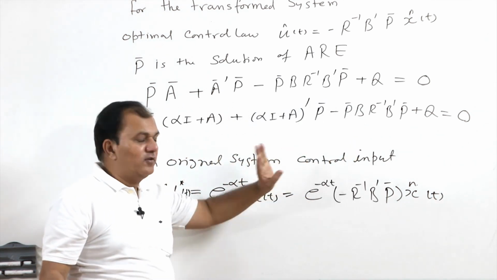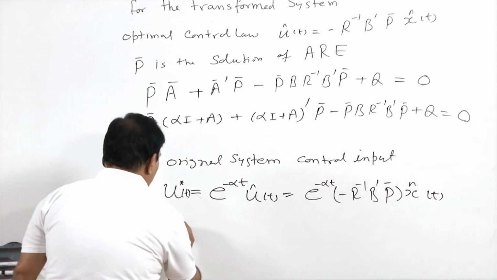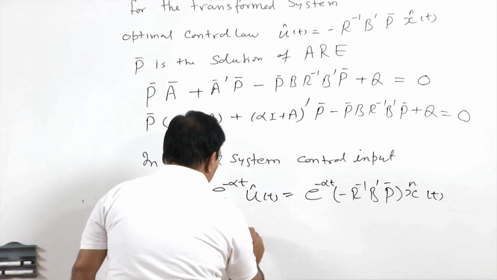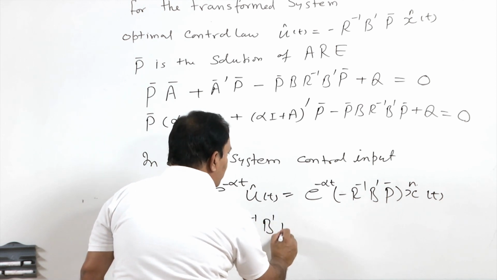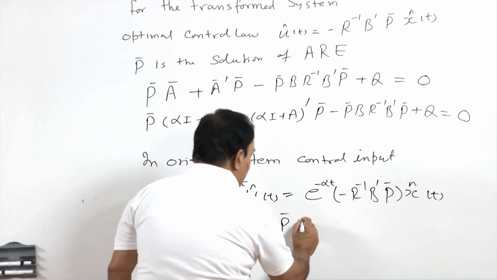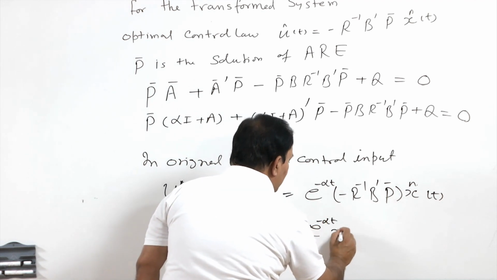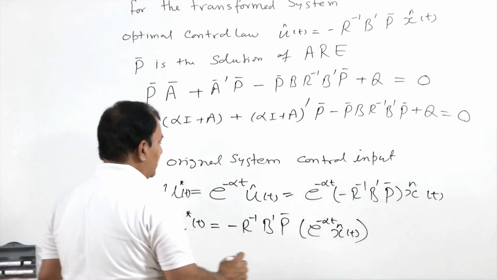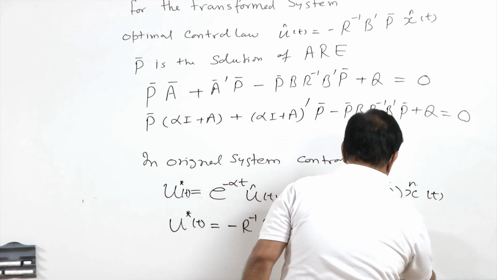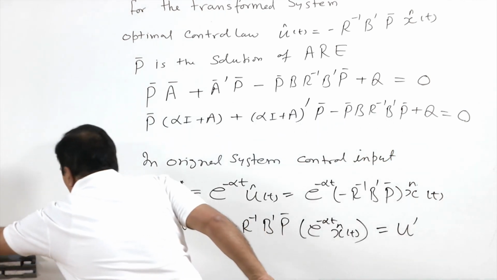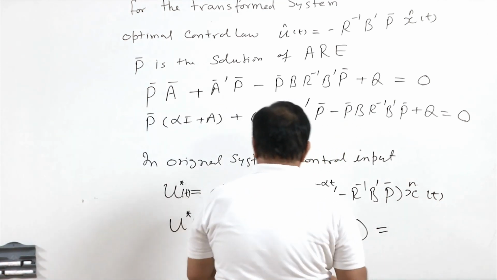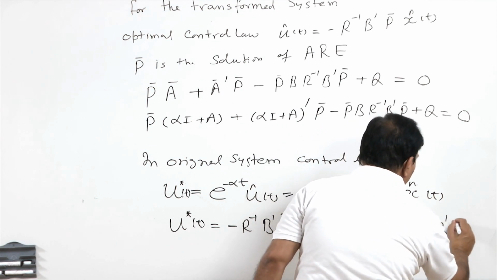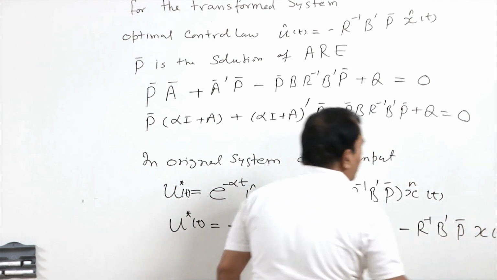As e to the power minus alpha t is a scalar, I can write u star as minus R inverse B prime P bar e to the power minus alpha t x hat of t, and e to the power minus alpha t x hat of t is nothing but x of t. So, this is minus R inverse B prime P bar x of t.